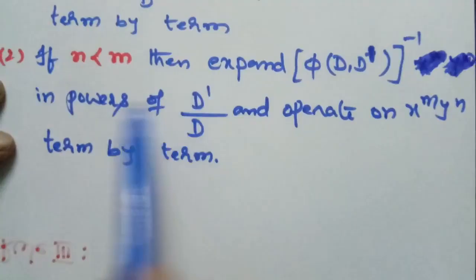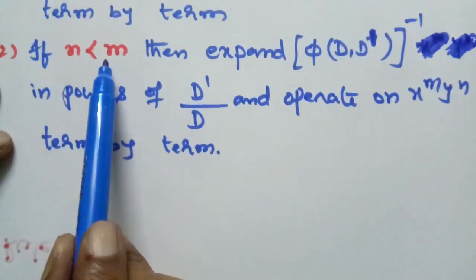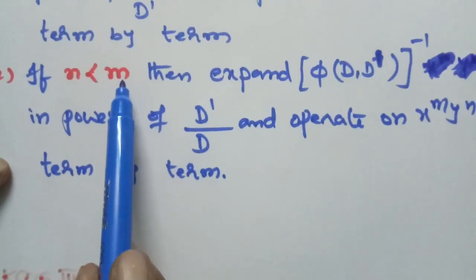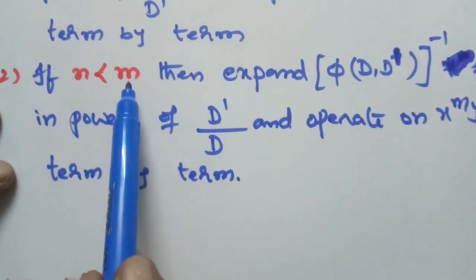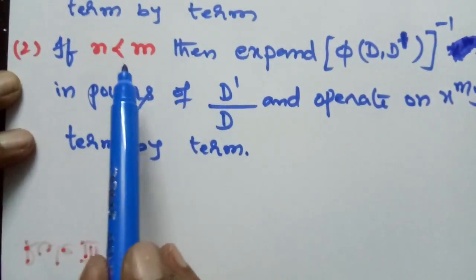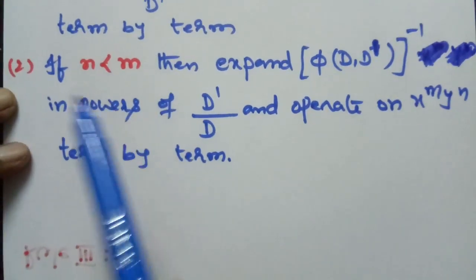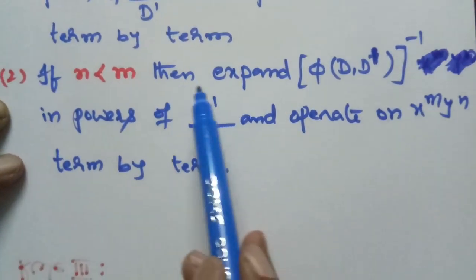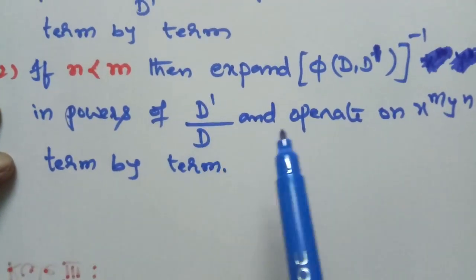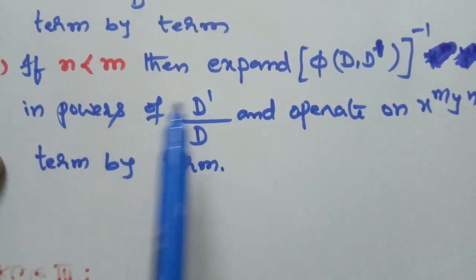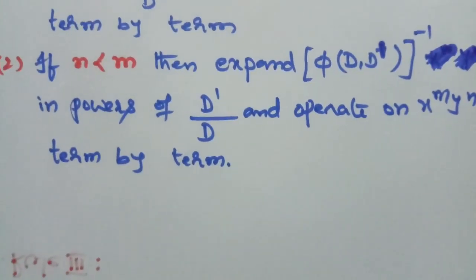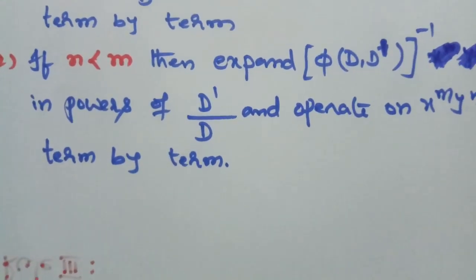Since here n is less than m, that means the power of y is less than the power of x. So therefore the derivatives of y power n become 0 earlier than the derivatives of x power m. So that is the reason behind writing the terms in powers of D dash by D. This is the rule to find the particular integral if f of x comma y is equal to x power m into y power n.